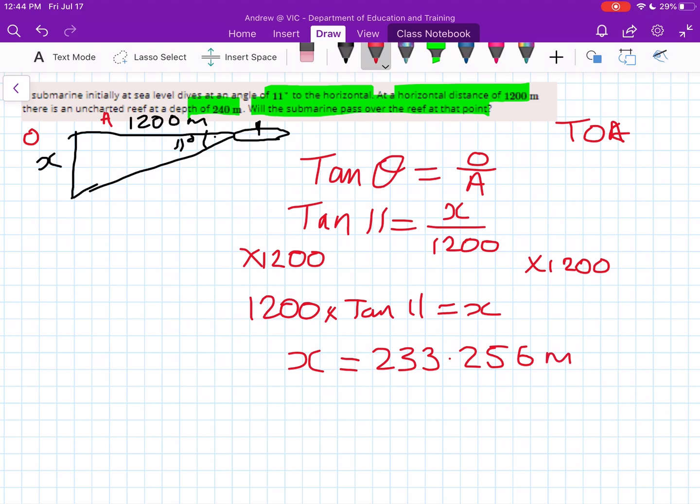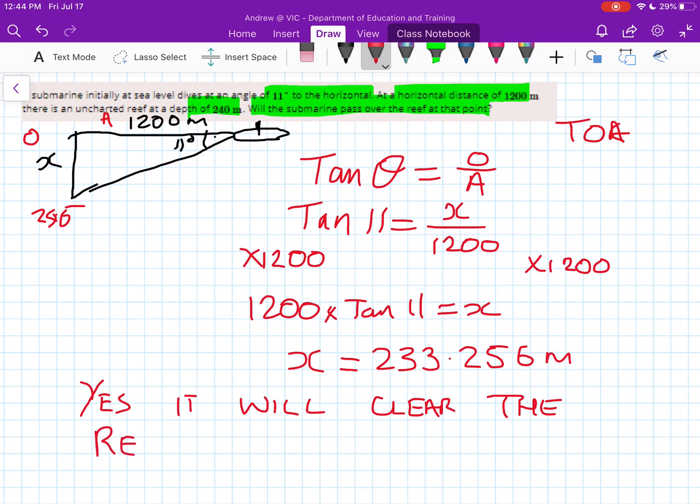meters. So if it's 240 meters deep, so this x value is 233, so 240 would be just below it. So that means, yes, it will clear the reef, and it will clear it by about 7 meters.